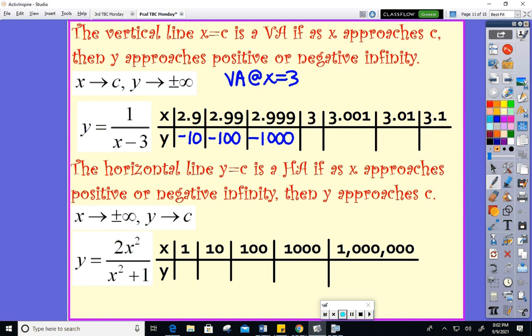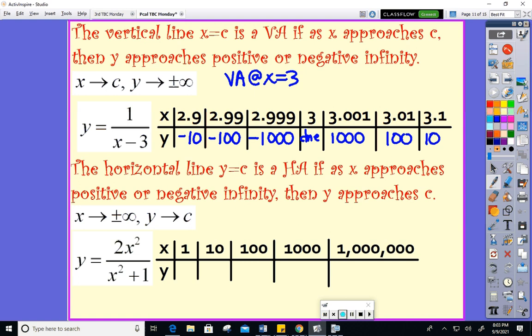When I plugged in 3.001 on my calculator, I got 1,000, and then 100, and then 10. Now, if you get an error message, then what you're saying is that when I plug in x equals 3, the fraction's undefined, which means the y value does not exist there. That's because at x equals 3, I have a vertical asymptote.